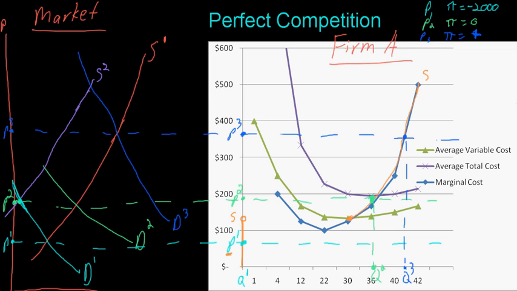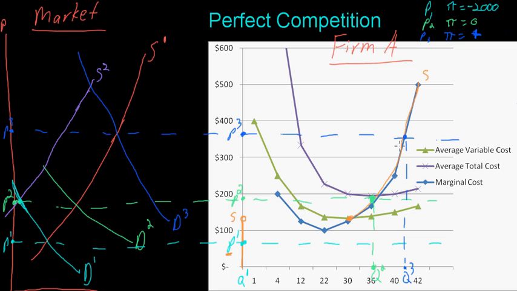So if we're on demand line 3 and we were at the original supply at P3, firms are making an economic profit, which means that they're making more money in this industry than you could find in any other industry. Anywhere else that you could put your money, this is the best place to have your money.